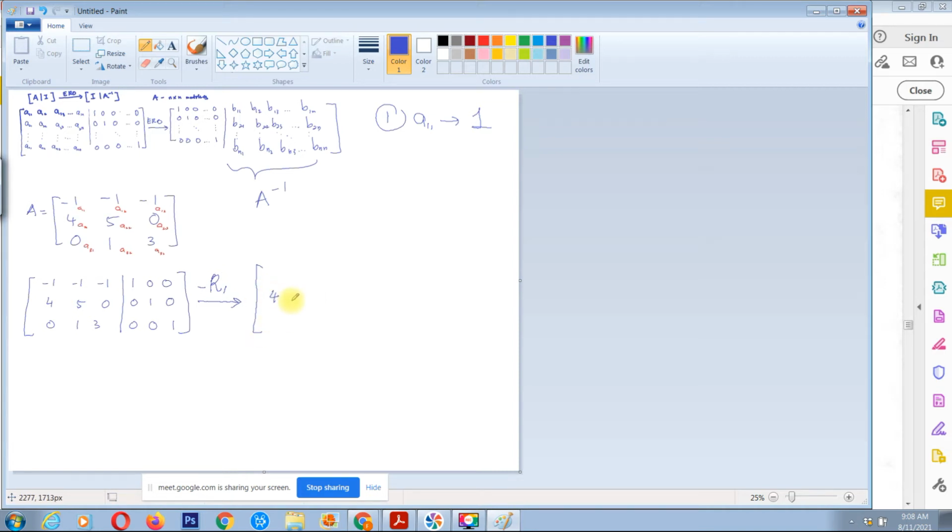First we need to copy the rest: 0, 0, 1, 3, 0, 1, 0, 0, 0, 1. Just involve row 1. So we have 1, 1, 1, -1, -1, 0, 0.